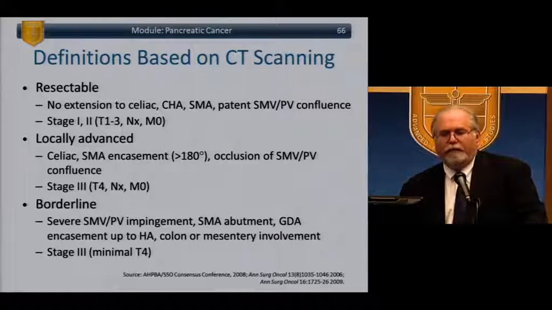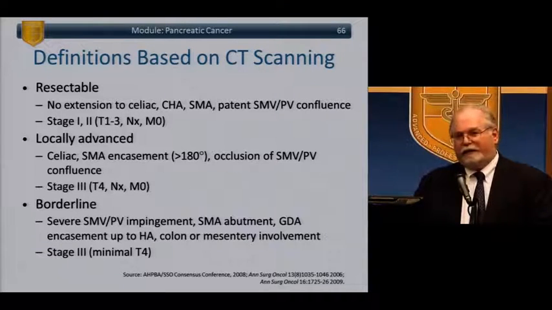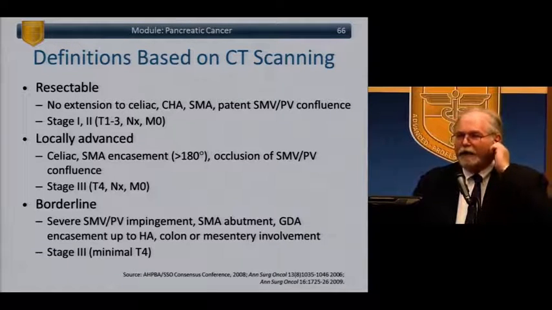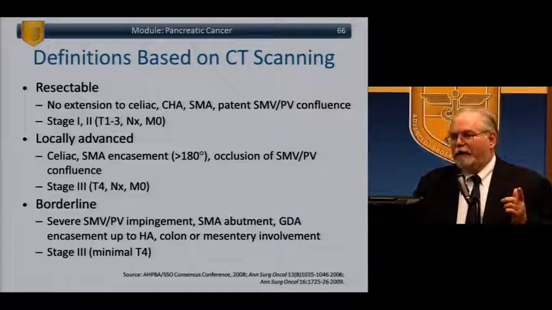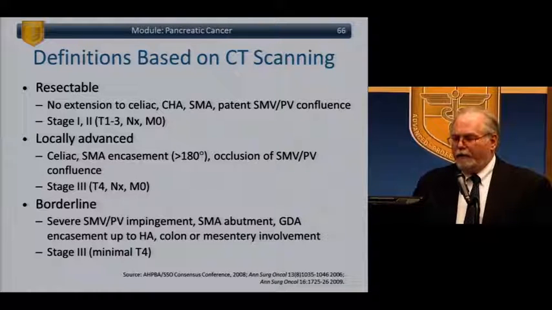So what's the definition of resectable? As I tell my residents, resectability is a state of mind. Everything is resectable. It's a matter of what you have to give up and what the risk is in doing it. So how do you define resectability in pancreatic cancer? And this is a consensus conference from the American Hepatobiliary Pancreatic Association and the SSO Combined Consensus Conference.